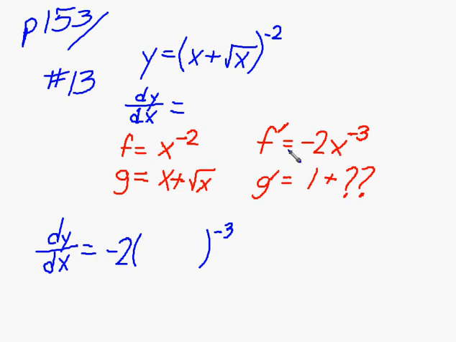But the input here is g. That gets plugged in where the x is. So it should be x plus the square root of x. And then that should be times g prime, which is 1 plus something. What that something is, we don't know.